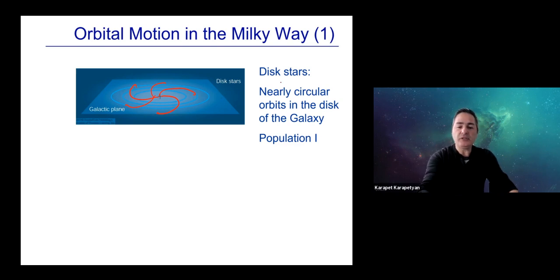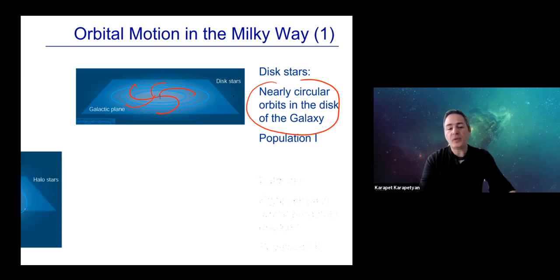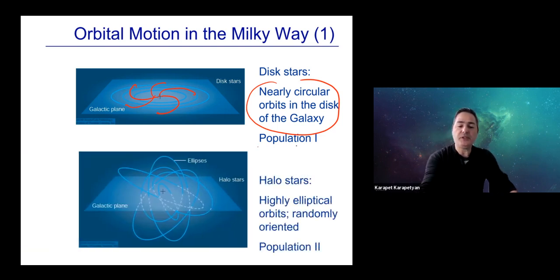Most of them, you can see, are on nearly circular orbits in the disk of the galaxy. As we discussed last time, most of those stars are population 1 stars.